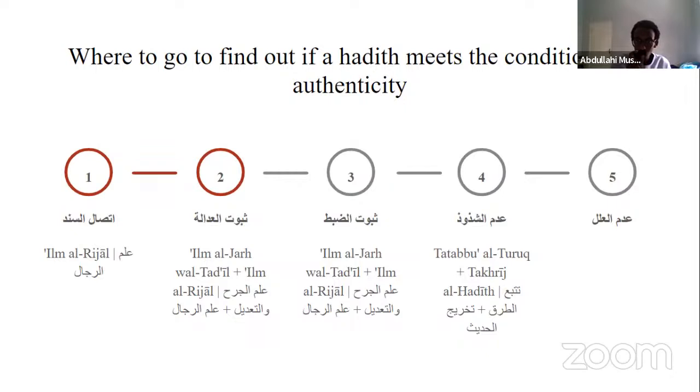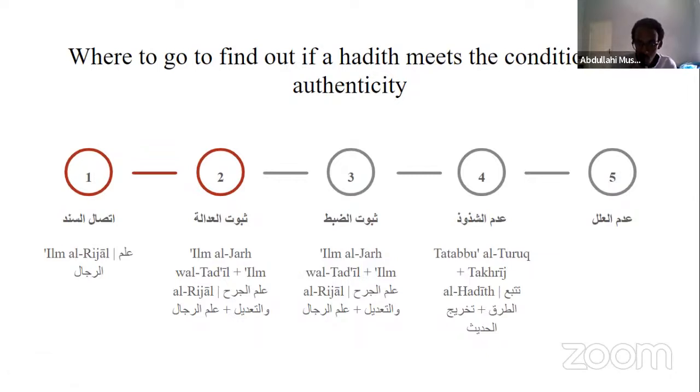And the science that focuses on praising or critiquing the integrity and the accuracy of narrators is called ilm al-jarh wa ta'dil. Al-jarh means to critique, to criticize a narrator, and ta'dil, from the word adal, thubut al-adala, means to praise the integrity, to praise the character.